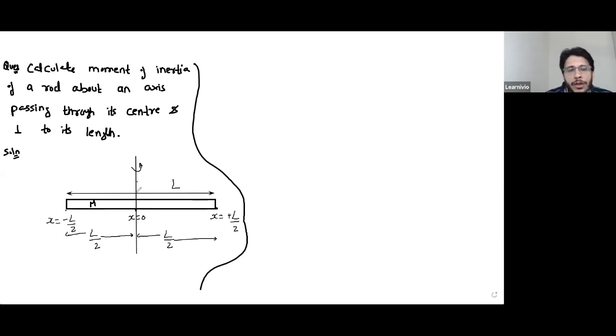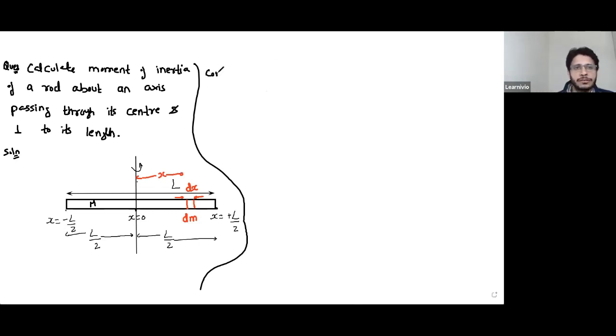To calculate the moment of inertia in this case, take a small element of length dx and mass dm. The separation of this small element from the center of the rod, or from the axis, is x.